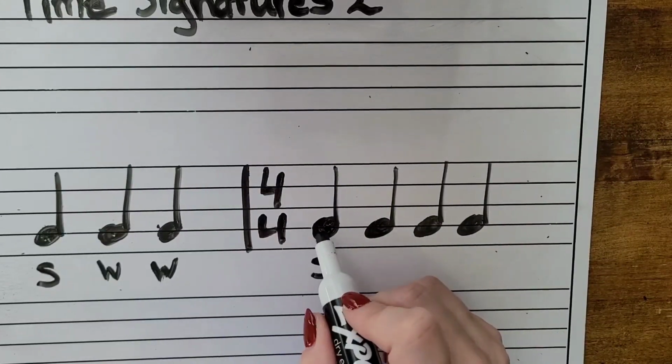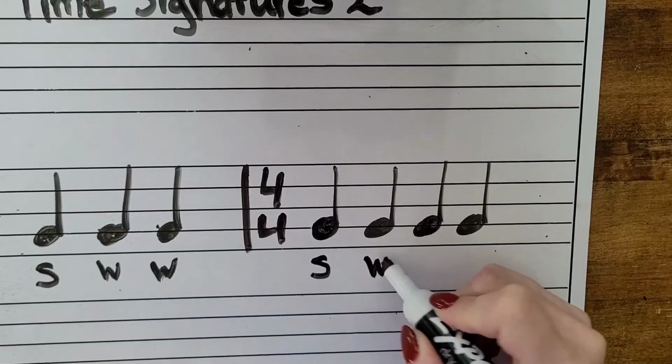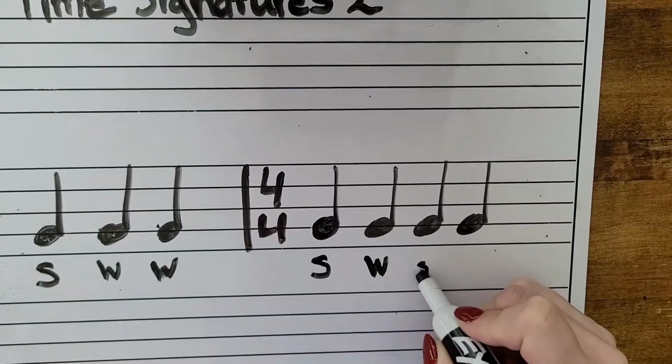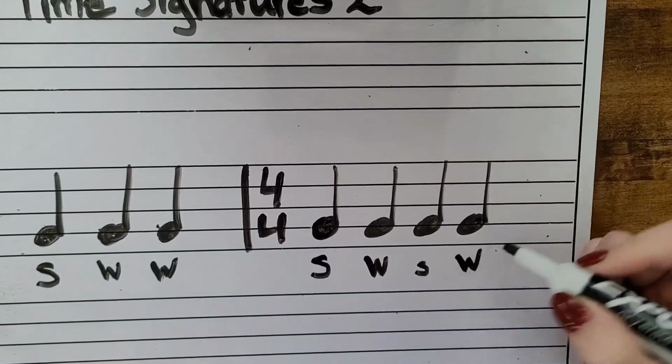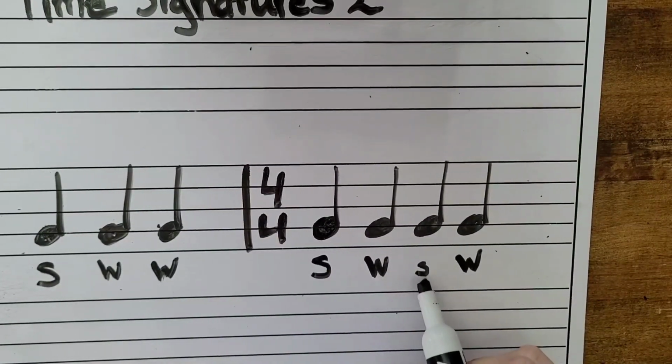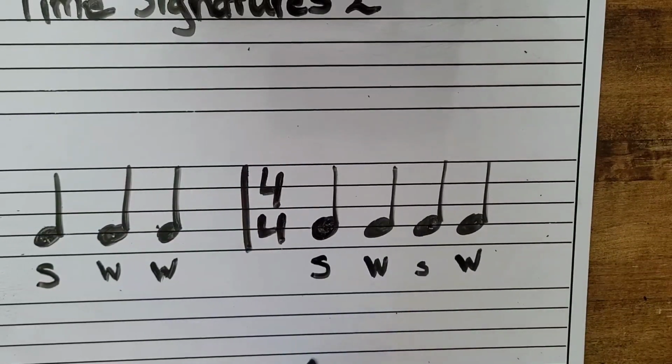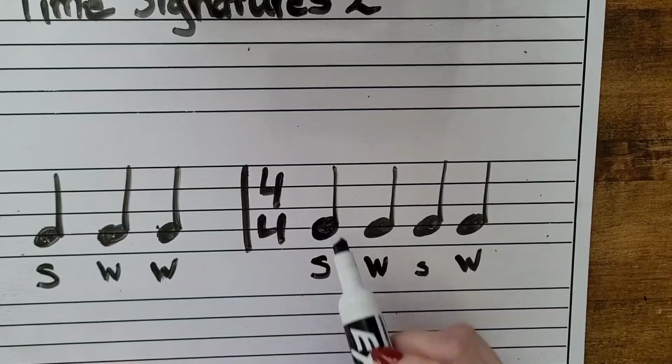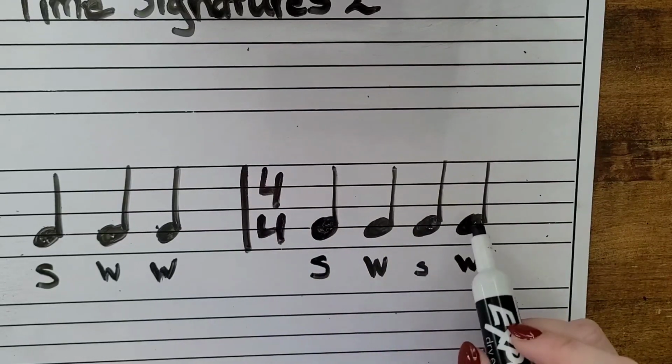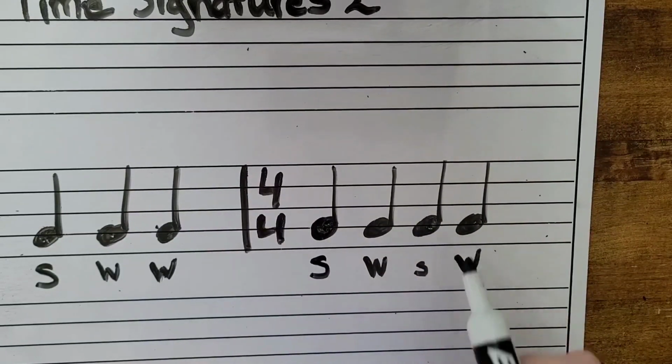You have a strong, weak, little strong, and weak. So this is a strong beat. The third beat is pretty strong, but it's not going to be as strong as the first beat. So you have 1, 2, 3, 4, 1, 2, 3, 4.